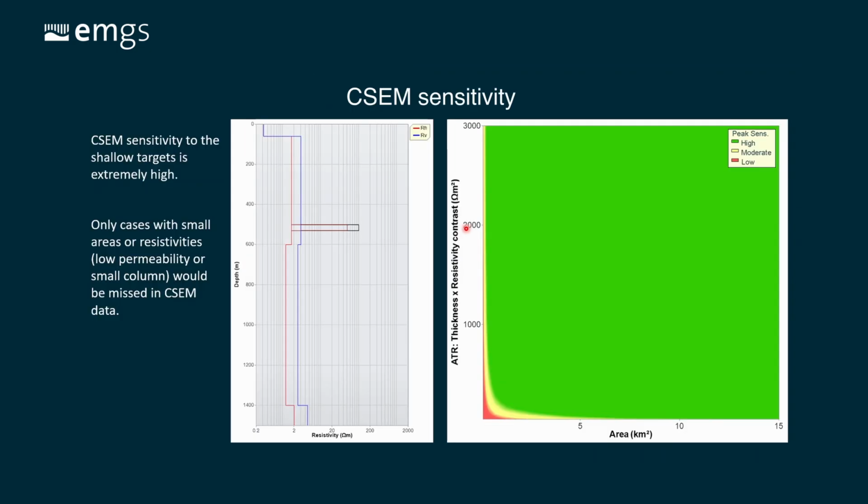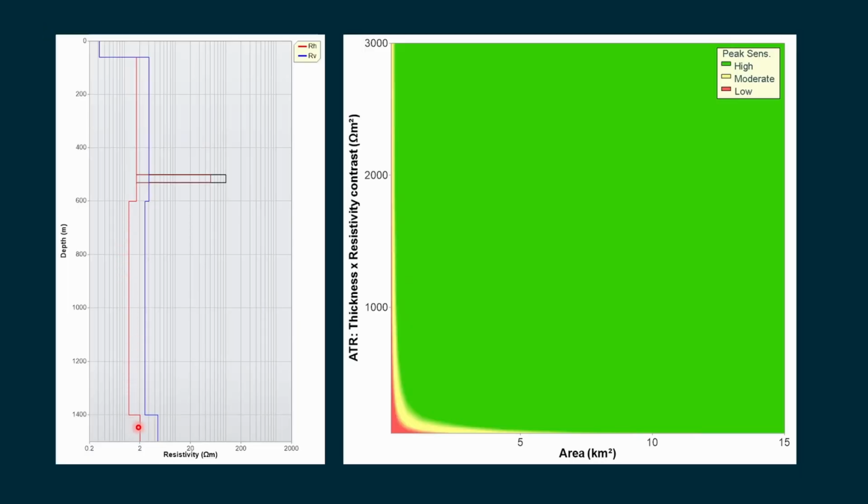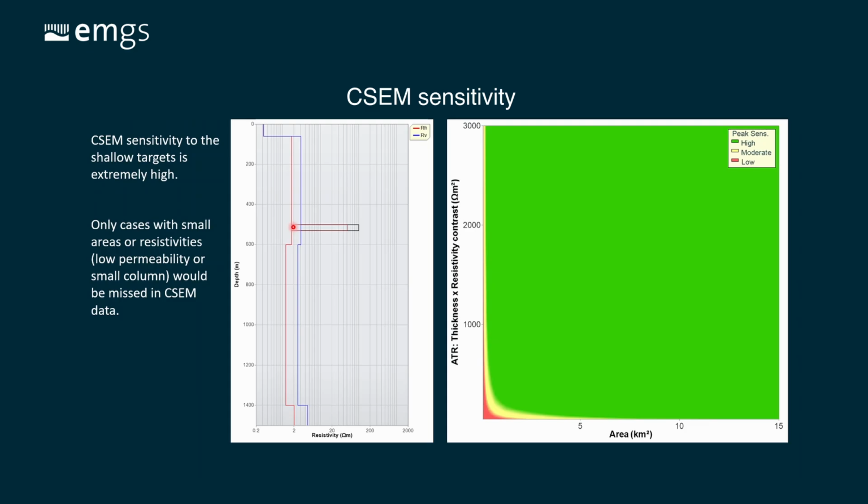In terms of CSEM sensitivity, of course, these targets are extremely high sensitivity because they're fairly shallow. And here what we've done is we have produced a background model like this, and then we introduce a pizza box shaped target, and then we calculate the sensitivity of CSEM to that target with a certain area and a certain thickness resistivity product.